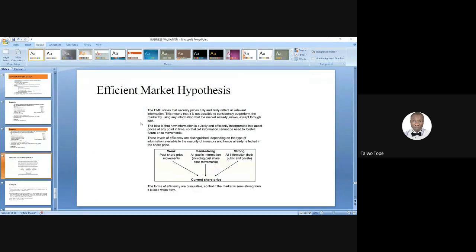Insiders, directors for example, have access to unpublished information. So if the market was in a strong form, the share price wouldn't move when, for example, news broke about a takeover, as it would have moved when the initial decision was made.